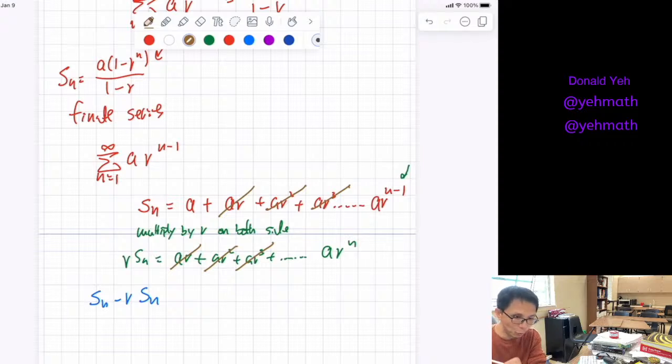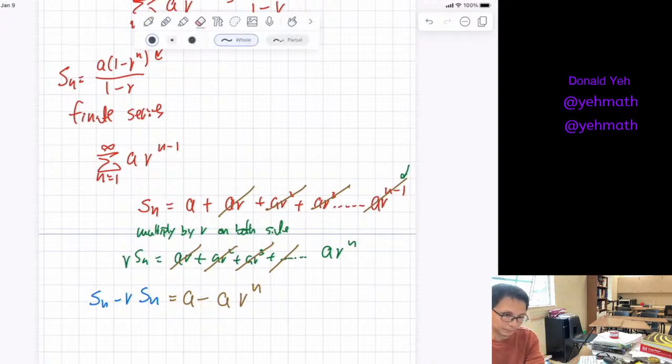Whatever term is here cancels out, because you have one less term here. Let's just imagine there's a term here, it's going to cancel out with this term, right? And you're left with a plus a r to the n. A minus, oh, a plus, a minus, yeah, because you're subtracting.